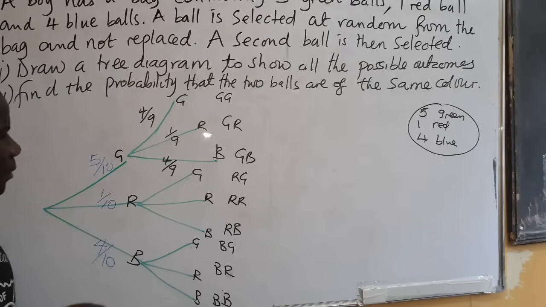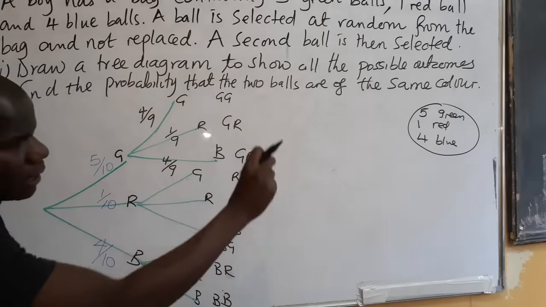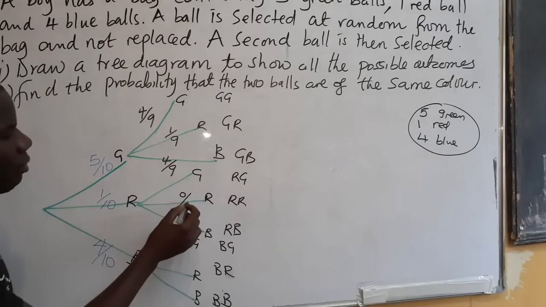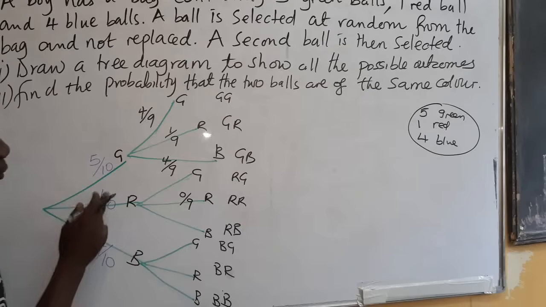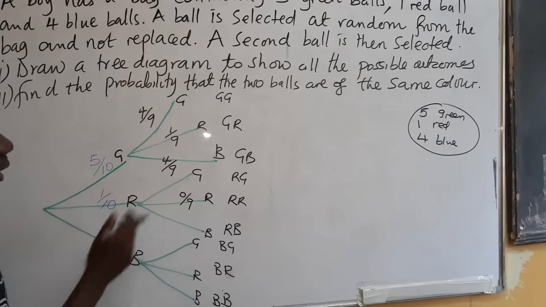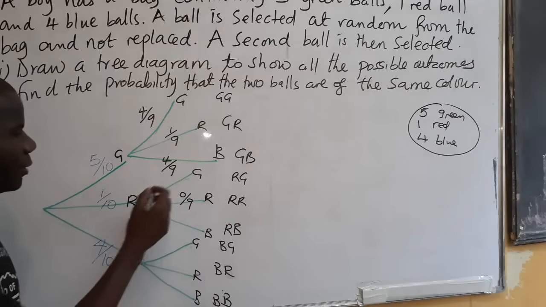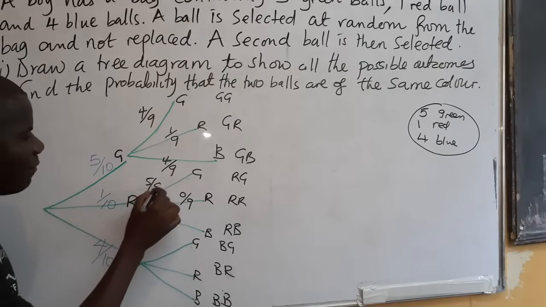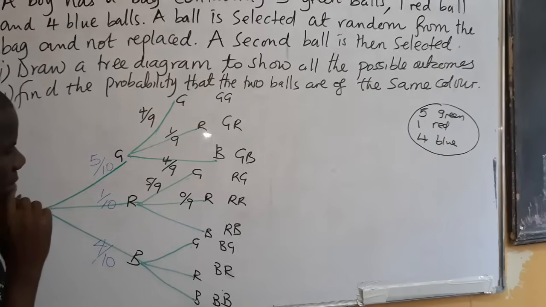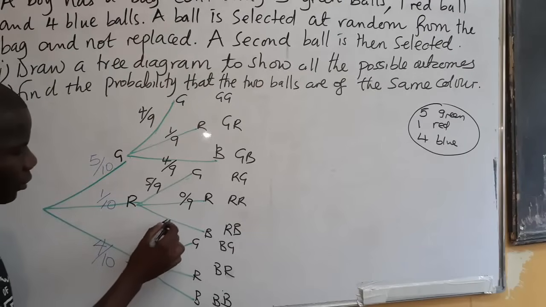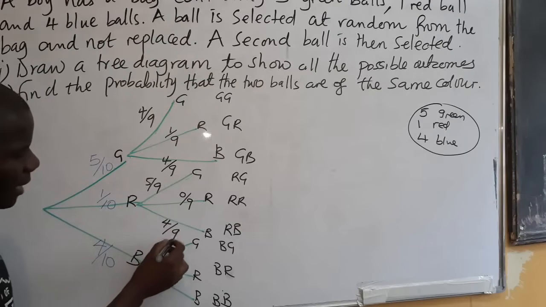Red only has one ball in the bag, so it will be 0 over 9, because the only one there has been drawn. The green balls are still at 5 over 9, and the blue balls are also still at 4 over 9.